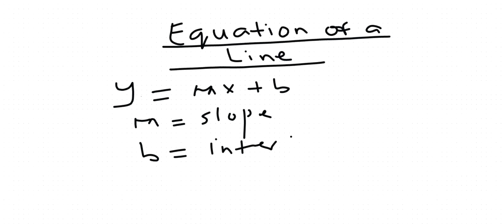Slope is a descent. When you are on a mountain and you are coming down, literally, you know what slope is. The intercept is where your line meets or cuts your y-axis. That is what intercept is all about.